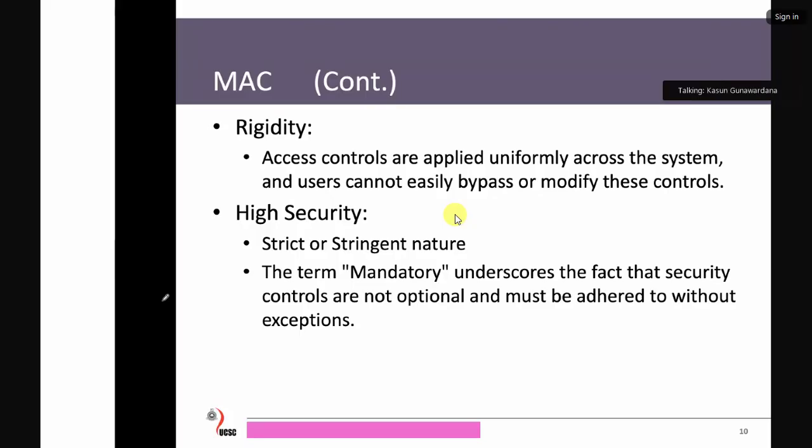If I create the data object, I created the resources, then I can grant whatever privilege I want for each and every user. Fine-grained access control can be given with discretionary access control.